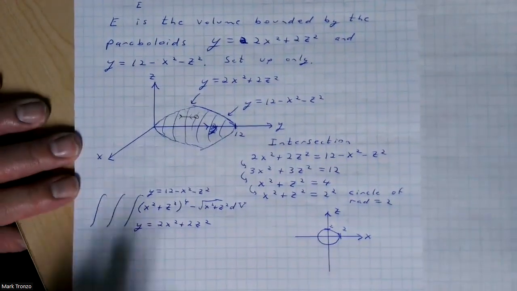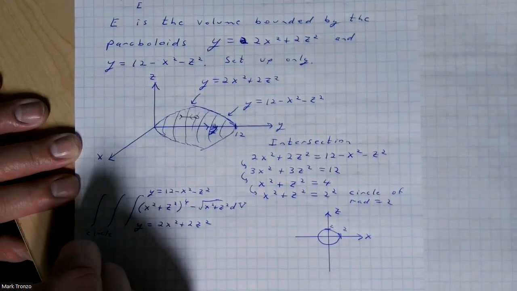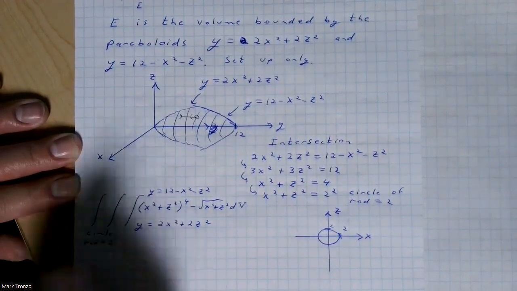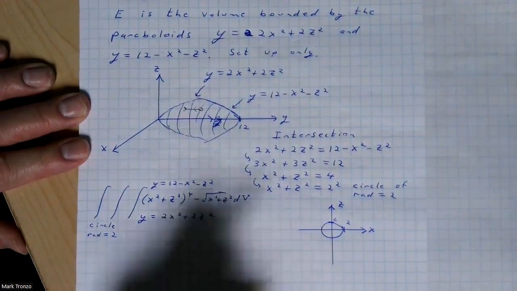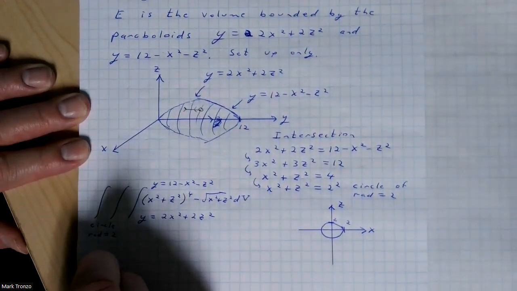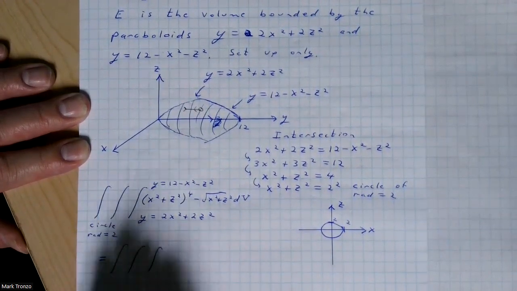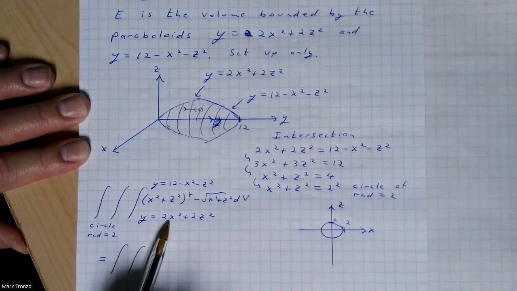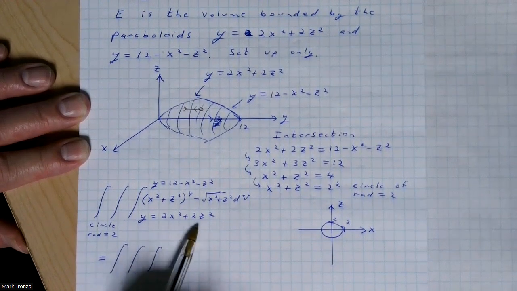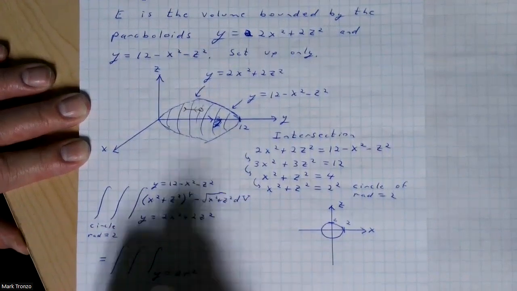And we know the last two is going to be a circle of radius 2, but we're going to change to polar since we have a circle here. So again, we put the final integral in. We'll have y equals 2 times x squared plus z squared, but that's r squared, so 2r squared.